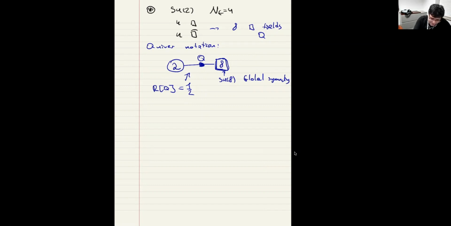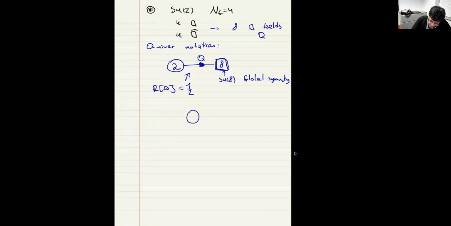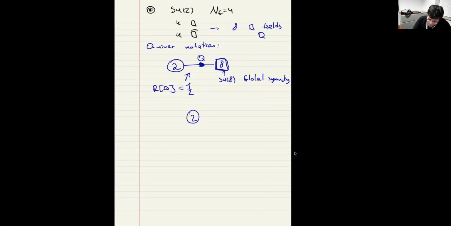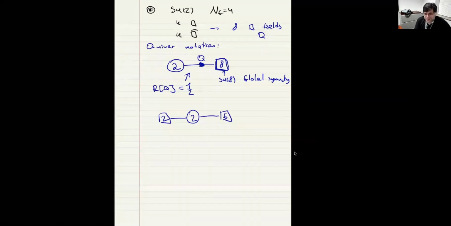And now let us use it as a starting point and deform it. So what we will do, we will take this SU(2) SQCD with 8 fundamental fields, and we will split this octet of fields into a 6 and a 2. Just when I do that, I did nothing.